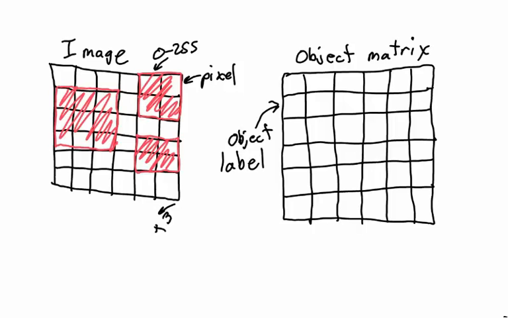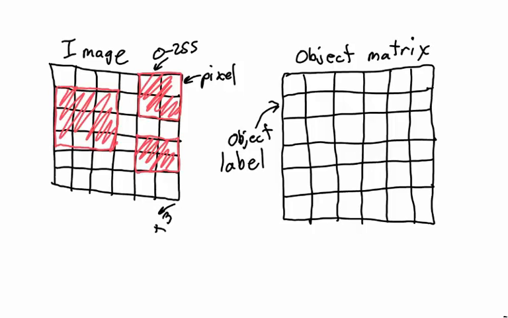It would have high values near 255 in these pixel locations where the red squares are, and the green and blue matrices would have low values in the locations of the red squares. We want our object matrix to recognize that these three squares are individual objects and that these three objects are different from the white pixels surrounding them.